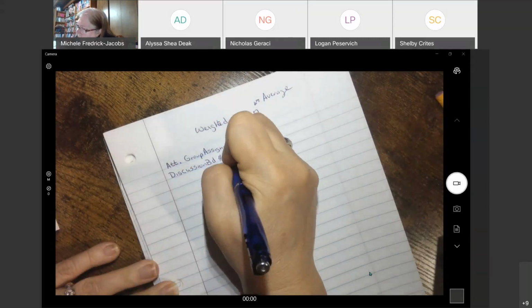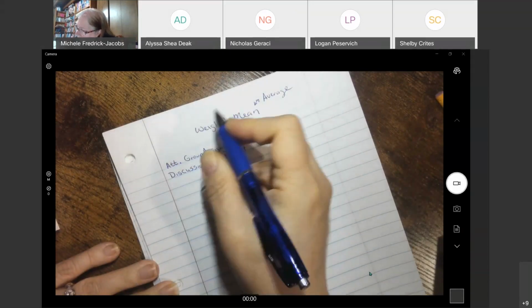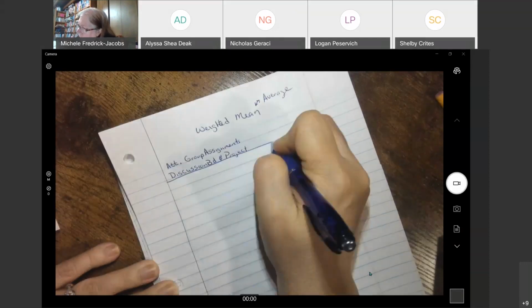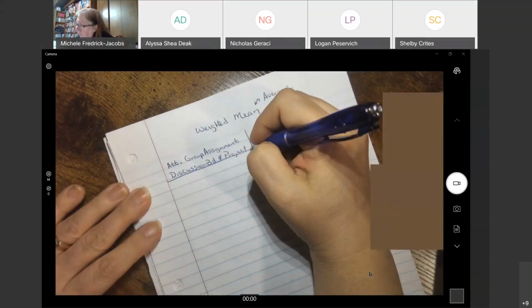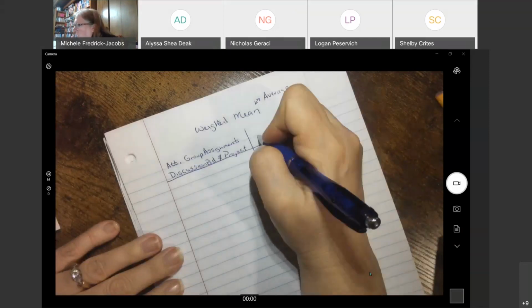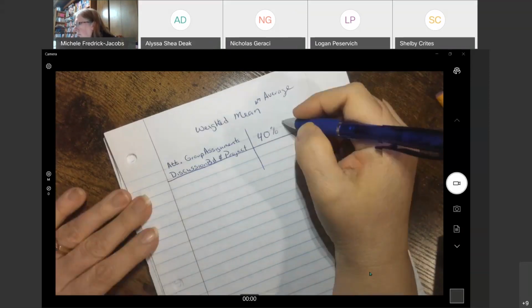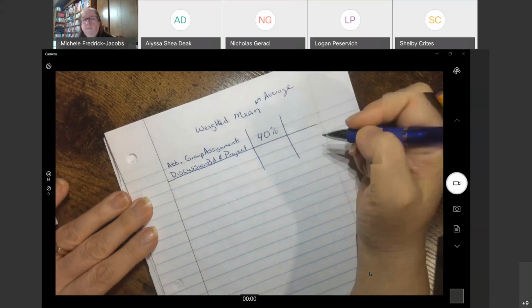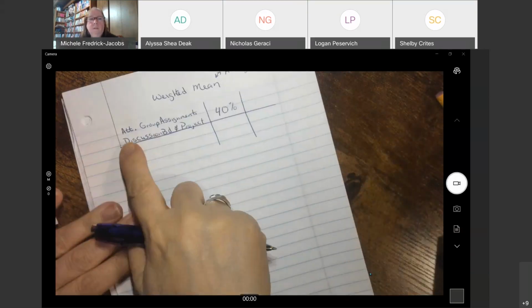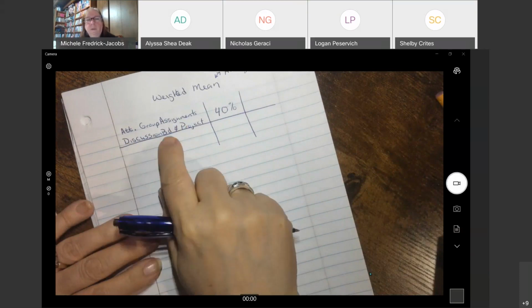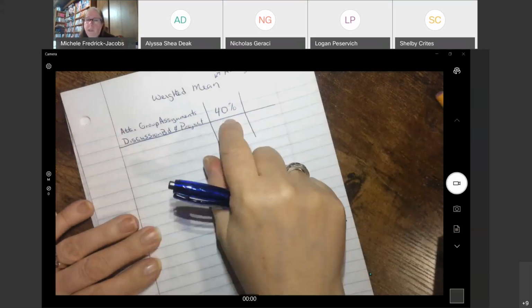Those all go together. And they are worth 40% of your grade. So the attendance, the group assignments, discussion board, and project, that's 40% of your grade.